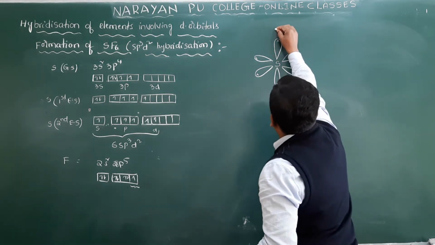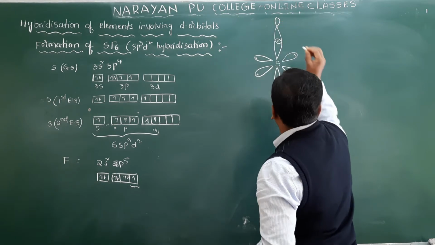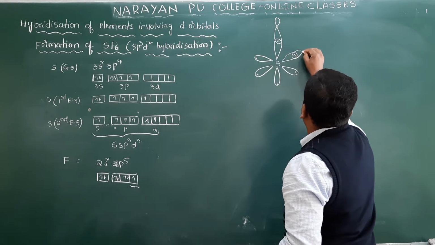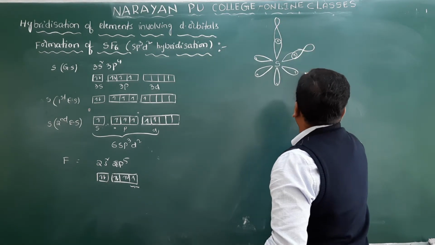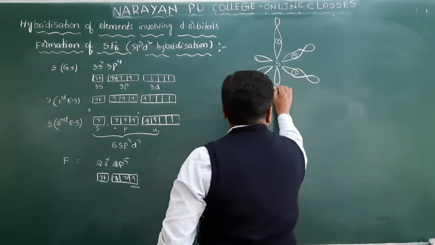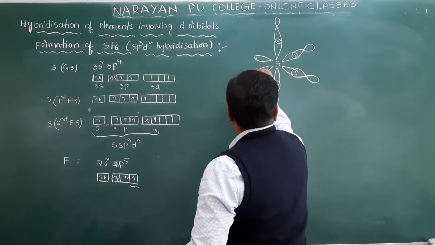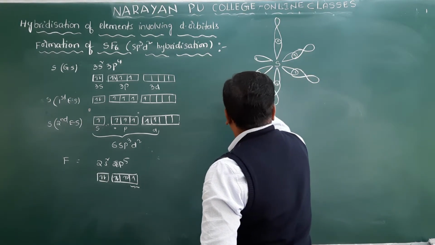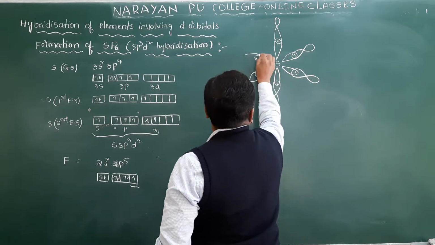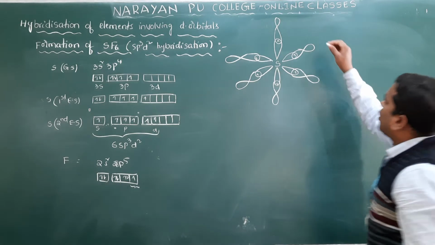So here, this is one fluorine. Fluorine, clear? Like this. This is clear. So these all are which one?